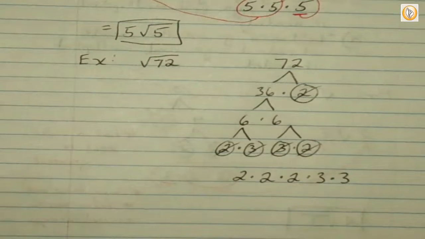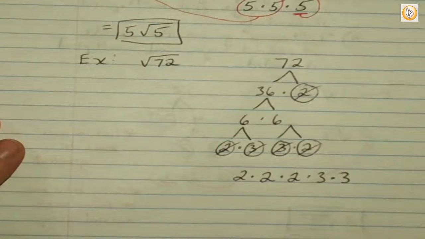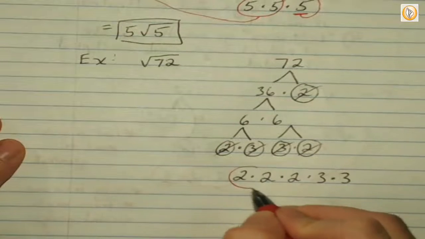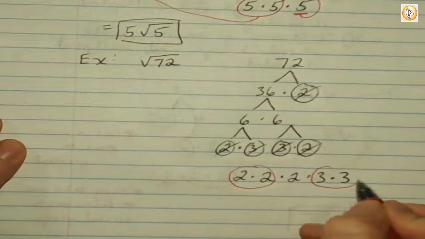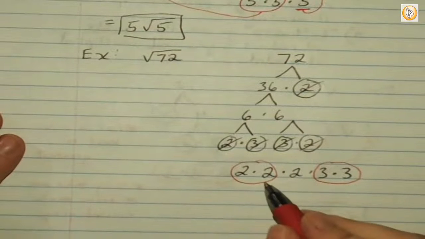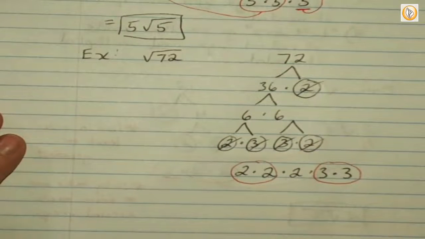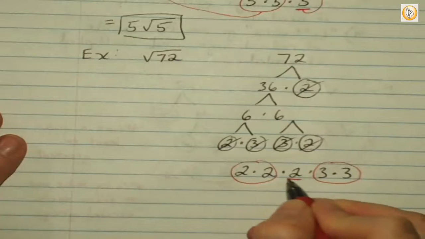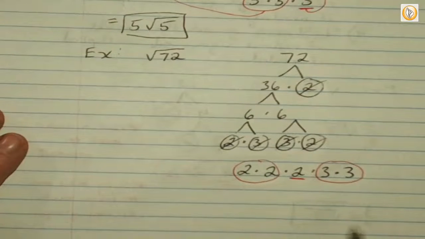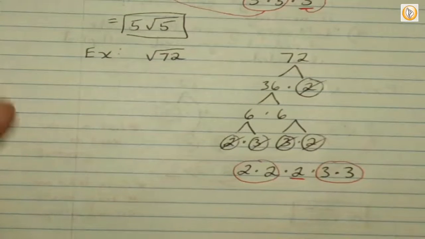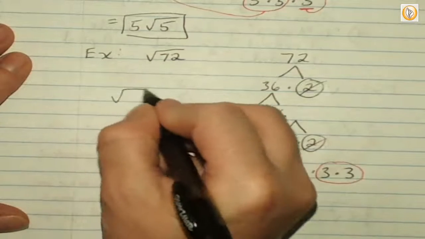All right, this time I have a few pairs. Here's a pair, and here's a pair. I have a pair of 2s and a pair of 3s. What's my leftover? 2. Just this lone 2 right here. So remember, the circle goes on the outside.